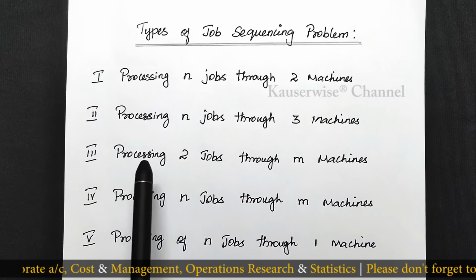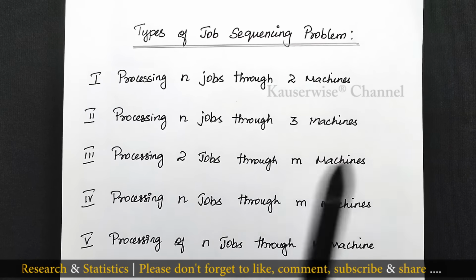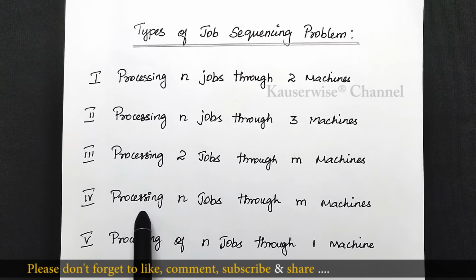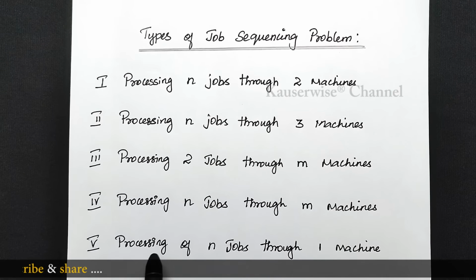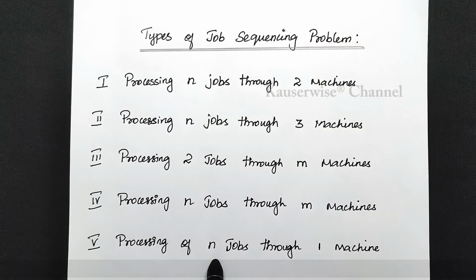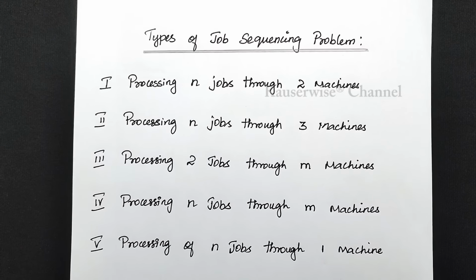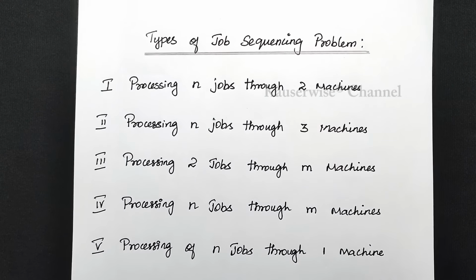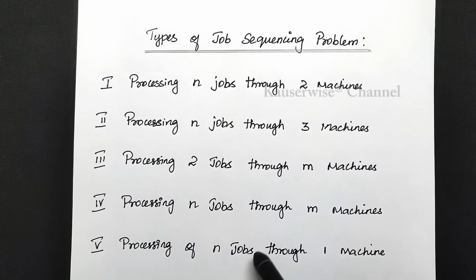The next one, processing 2 jobs through m machines. The next one, processing n jobs through m machines. And the last one, processing n jobs through 1 machine. So, these are the 5 different types of sequencing problem. We are going to see a numerical problem for each model separately.